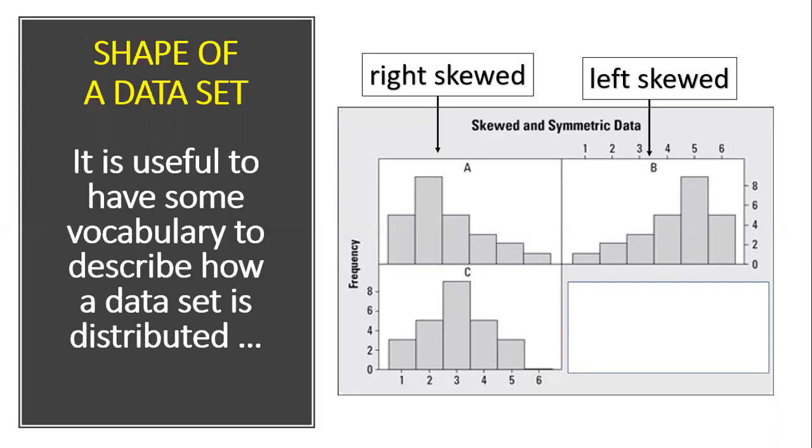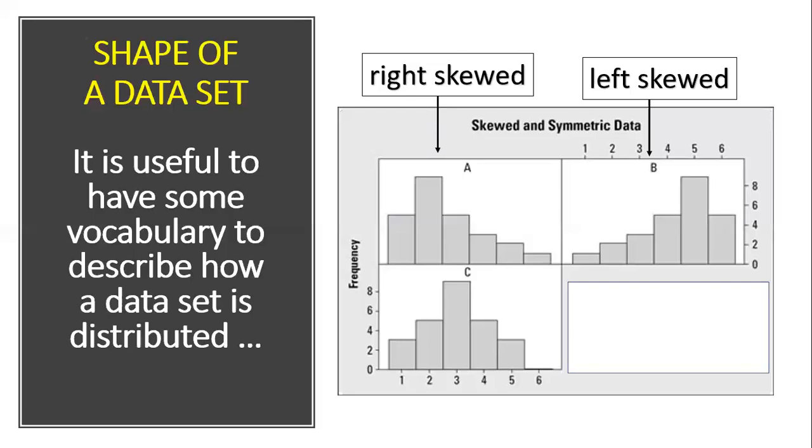Notice that the peak there is right at 5, and notice that there are more bars, or a longer tail, to the left of that high point in the distribution, whereas there are 4 bars to the left of the bar at 5. There's only 1 bar to its right. So because of this, we say that data set B has a longer left tail and is left skewed.